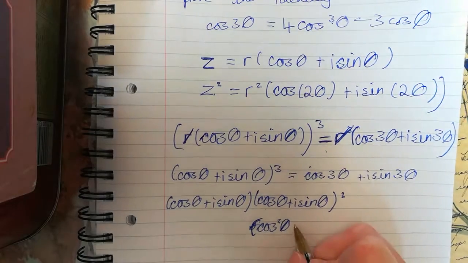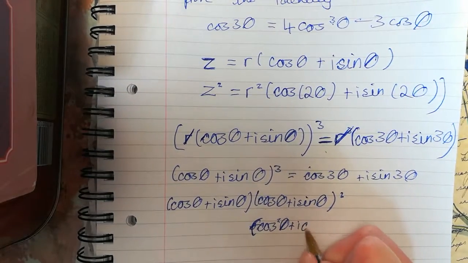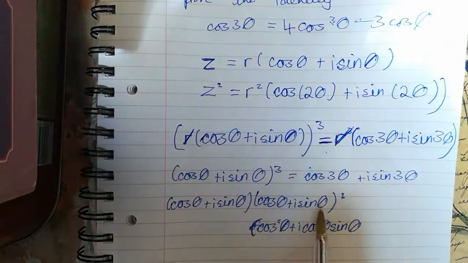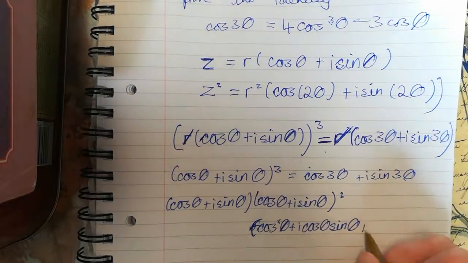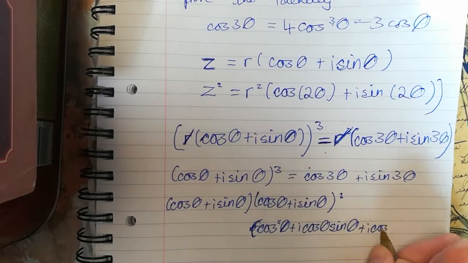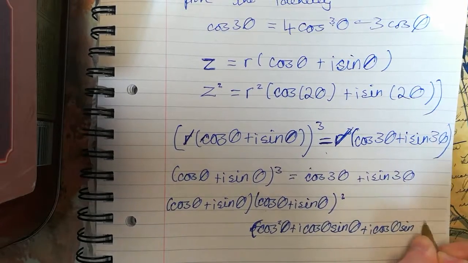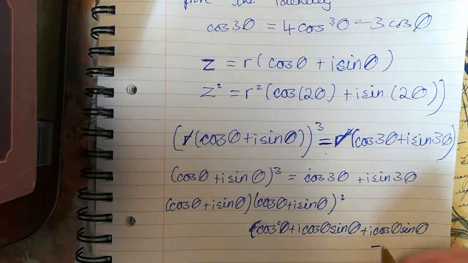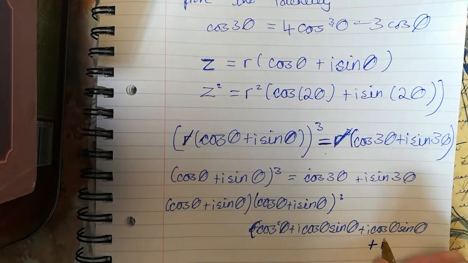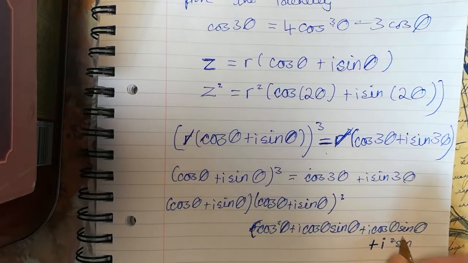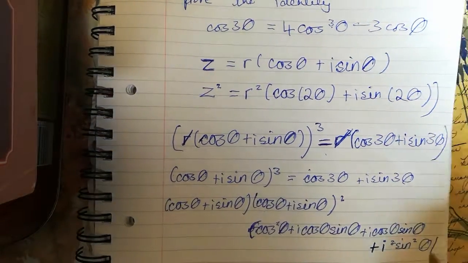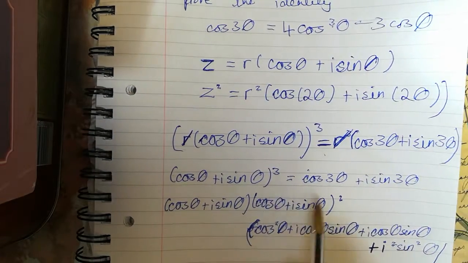Cos by i sin will be plus i cos θ sin θ, and then this by cos will be plus i cos θ sin θ, and then we'll have plus i squared sin²θ. So that's this bracket multiplied out.